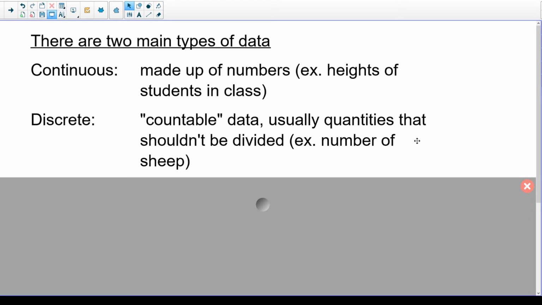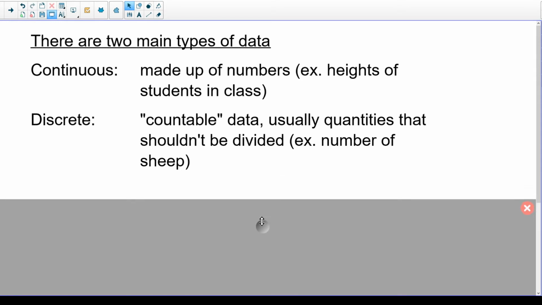Like if you were counting the number of oranges on a table, usually you count full oranges. If you're counting the number of people in a room, you usually can't have half of a person, number of sheep, number of animals. So there are certain quantities that shouldn't be divided, and those are called discrete data.